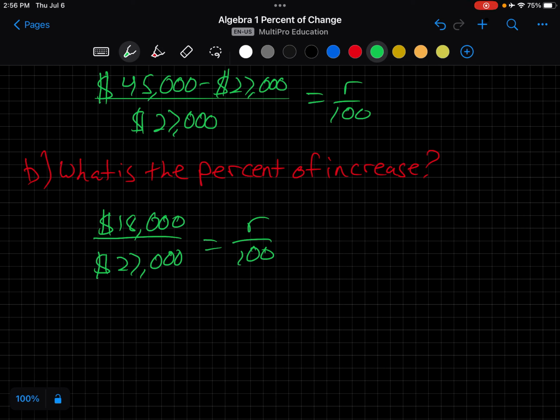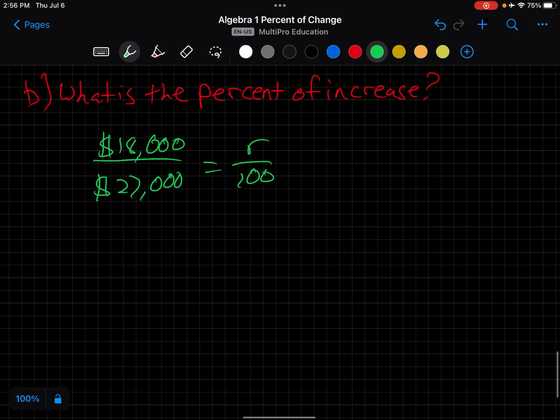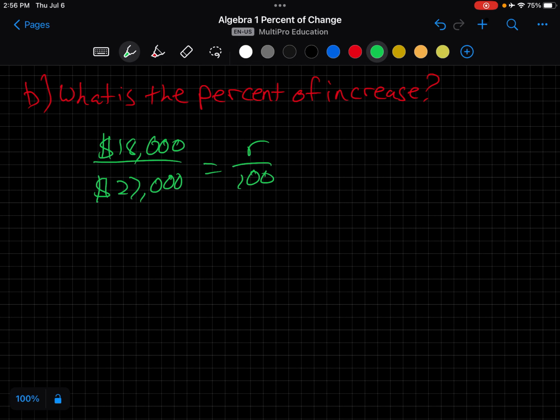Is there a number that goes into both these numbers, 18,000 and 27,000? Let's think about this for a moment. Can you think of a number that goes into both? I can think that maybe 9 goes into both. But since these are in thousands, let's divide by 9,000.